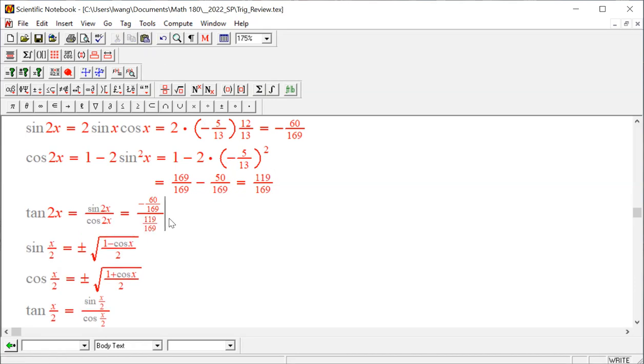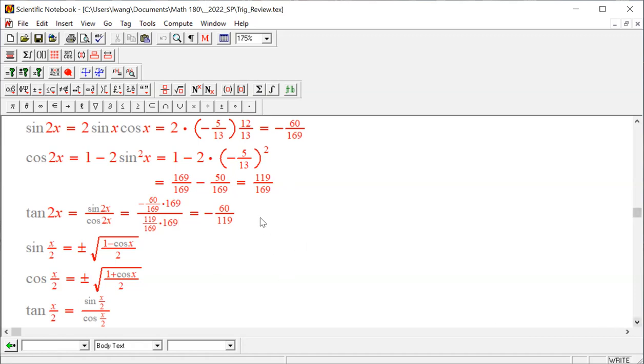Okay, and simplify, the 169 will be reduced. So in the end, we get tangent, it's going to be a negative angle, -60/119. We just multiply 169, just in case you need that. So we use principle number 1 to reduce it.